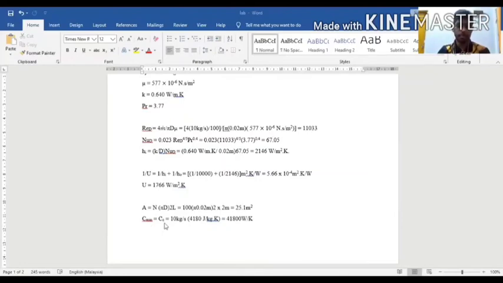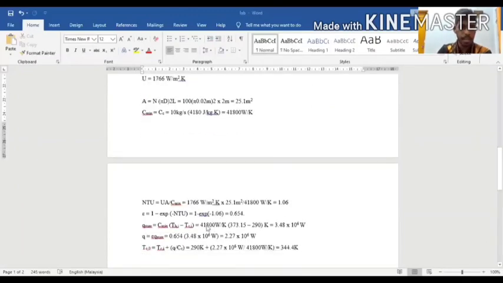Then we see the capacitance. Capacitance is calculated by multiplying the mass flow rate with the specific heat capacity, and from the values we calculate the NTU. Having the NTU, we can find the effectiveness using this formula, as the capacitance is the same for both fluids. Then we can find the maximum heat rate using this formula, as we have all the values.